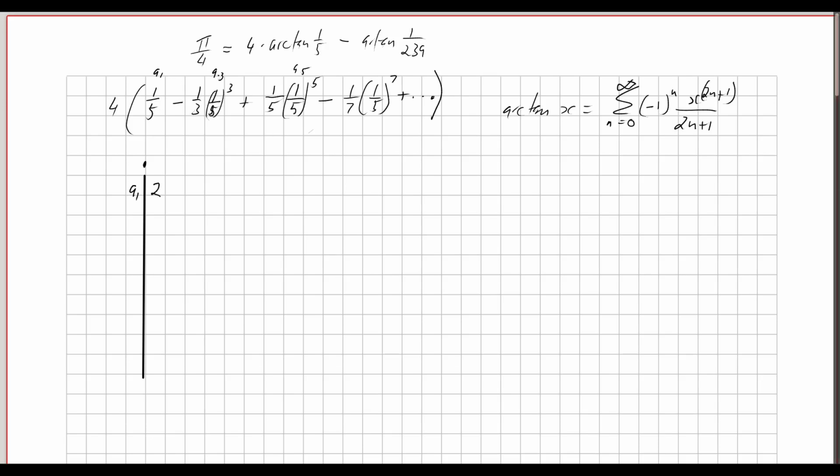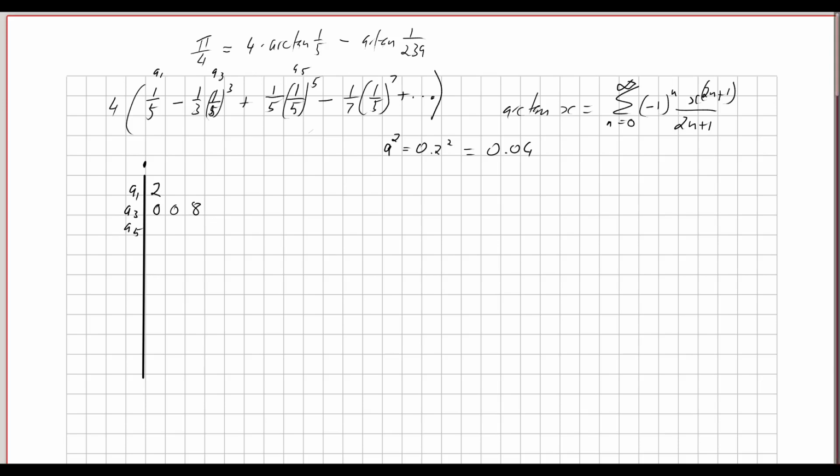Now each succeeding odd term is every other term times a squared, which is 0.2 squared, and that equals 0.04. So this is good because it gives us an ease of computing those terms. So what will the next term be? A3, that's 1 over 5 cubed. Well, that will be 0.04 times 0.2, so we'll get 0.008 there.